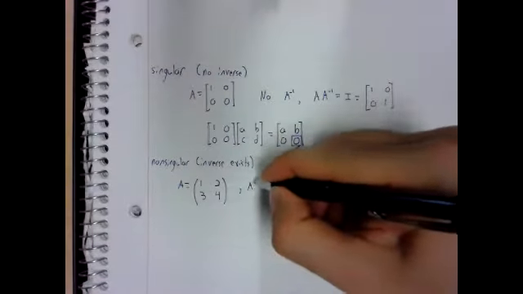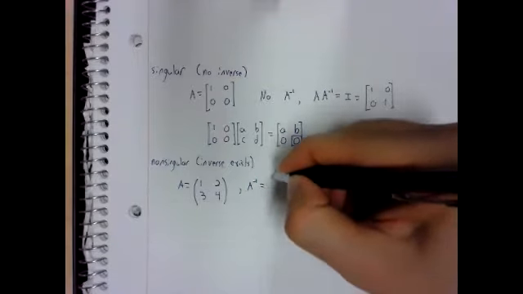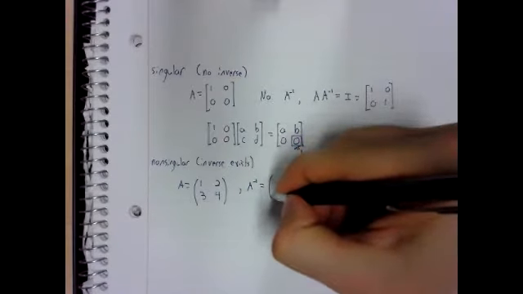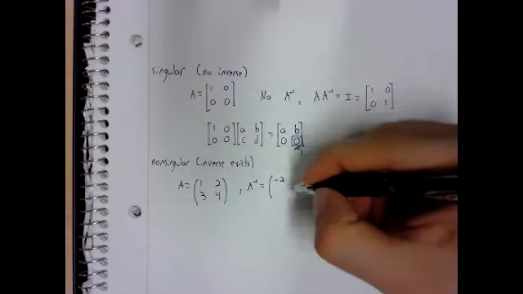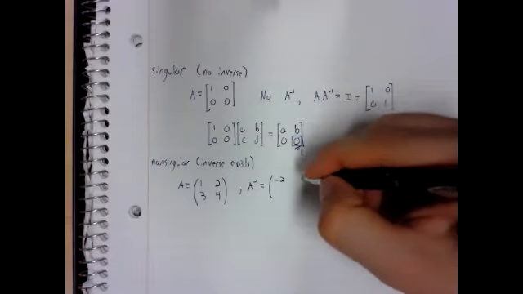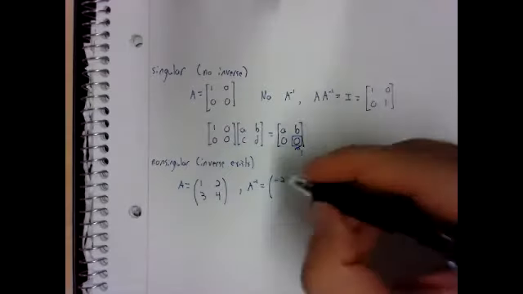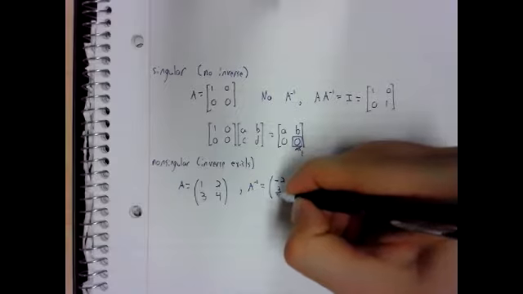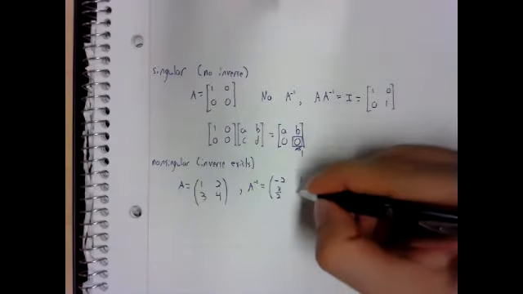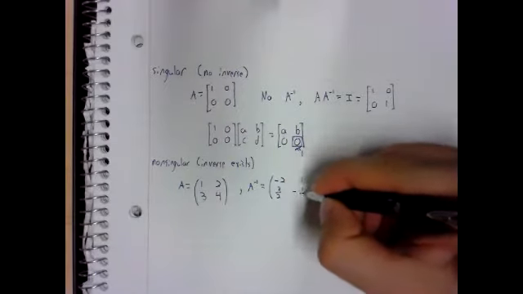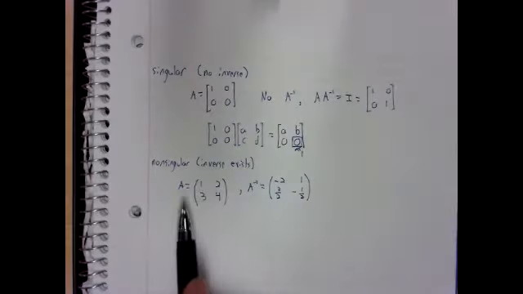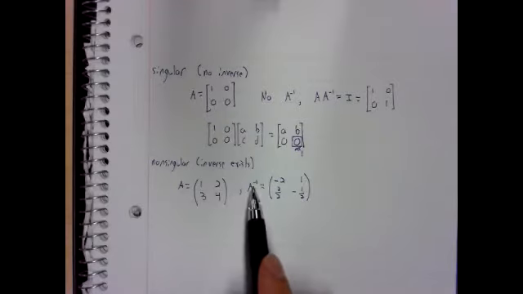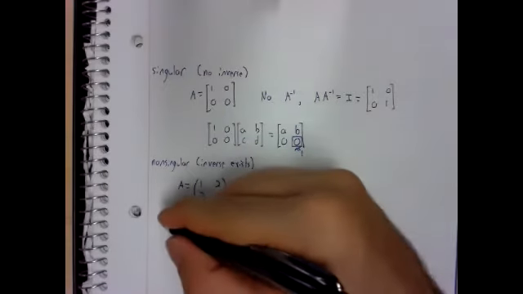We are not yet in a position to find the inverse. But if I tell you that it's -2, 1, 3/2, -1/2, then you can verify that this is the inverse of this via multiplication.